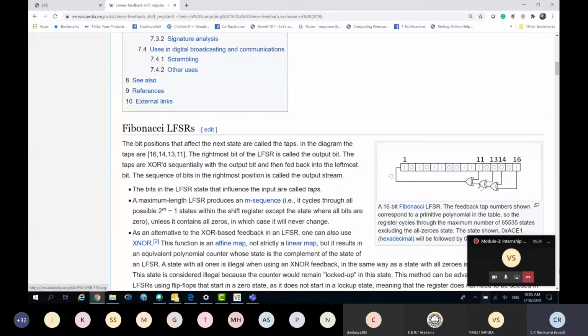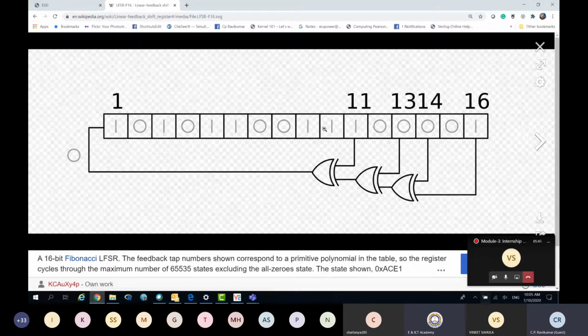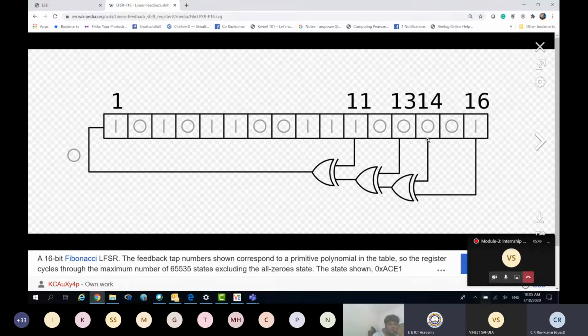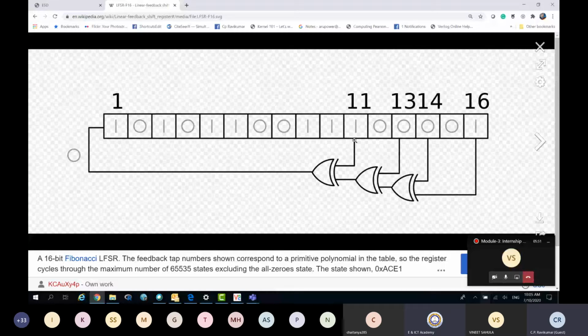But in this shift register, what has been done is some feedback has been provided. Okay, so in this example, bits number 11 and 13, 14 and 16, right? They are being tapped here, and we have taken the XOR of all these bits and we have fed them back.